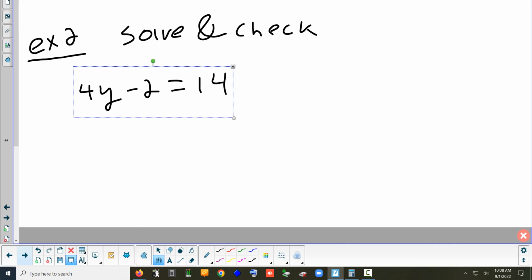Yeah, go ahead. Add or subtract. So if we look at this problem, does anybody see any addition or subtraction that we need to do to start to get the y by itself? Sean? Okay, so do you see any addition or subtraction that would help move something to the other side?